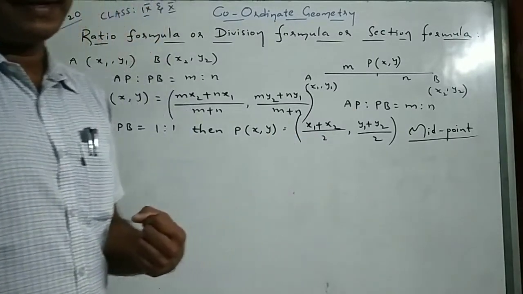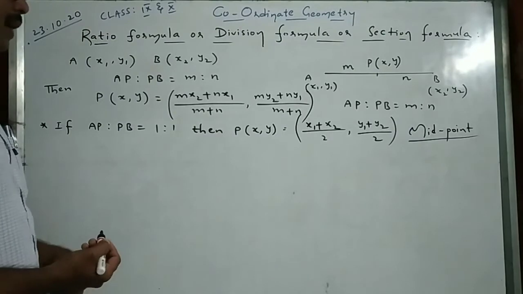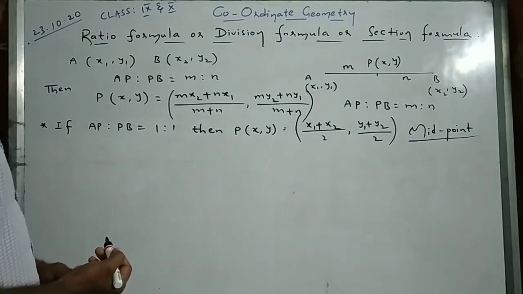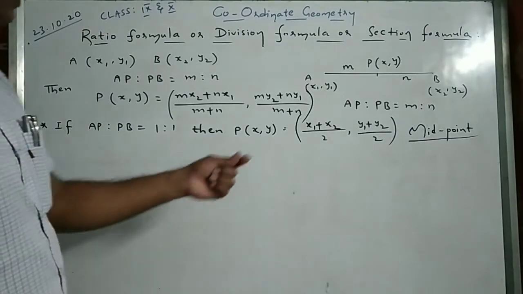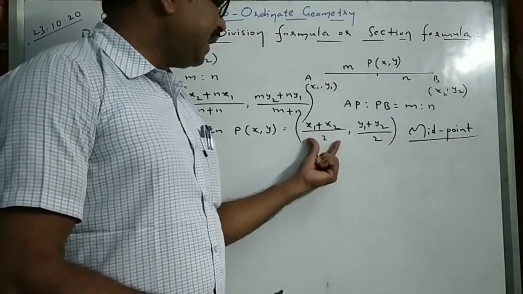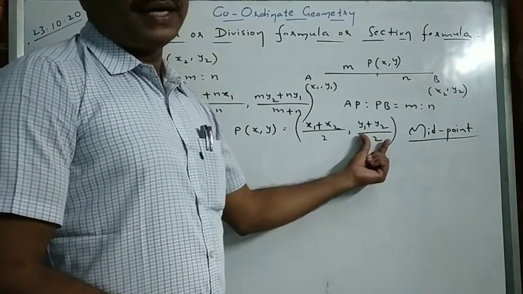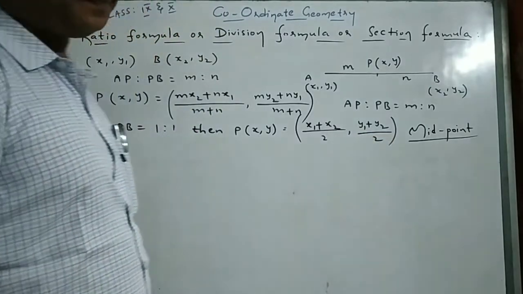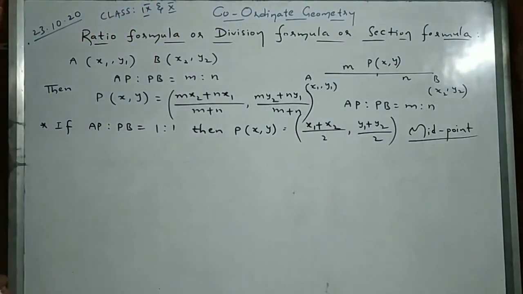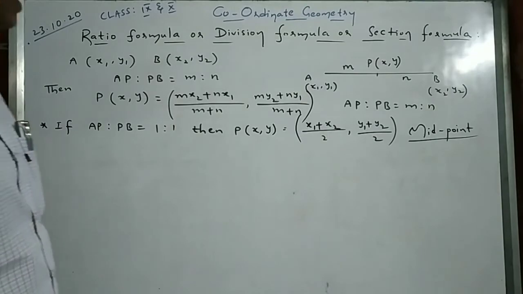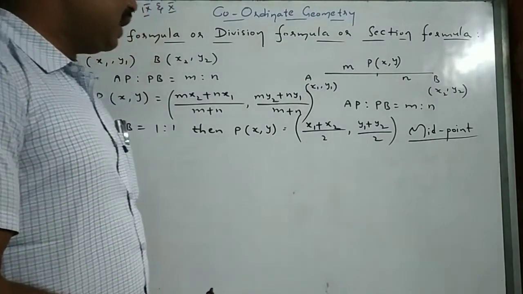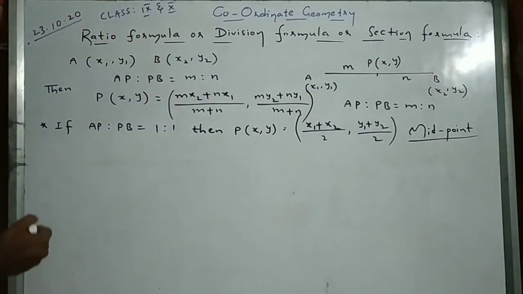Immediately you must say x1 plus x2 by 2 comma y1 plus y2 upon 2. Average of x coordinates, abscissa, average of y coordinates, ordinate. X coordinate is also called abscissa and y coordinate is called ordinate.